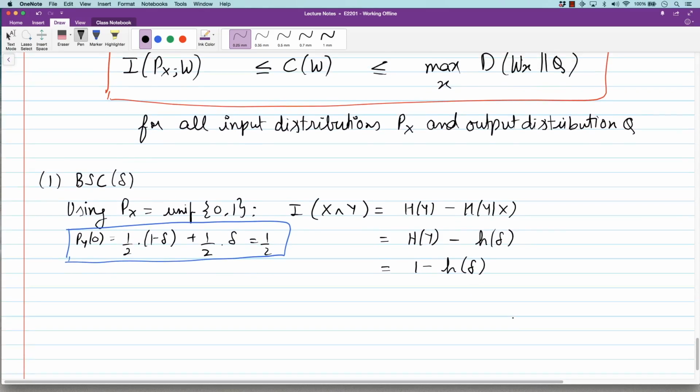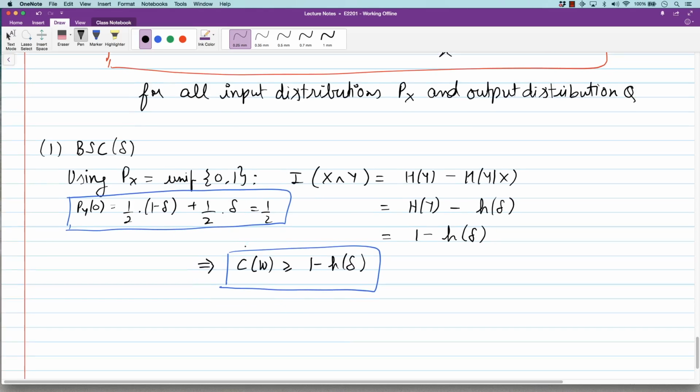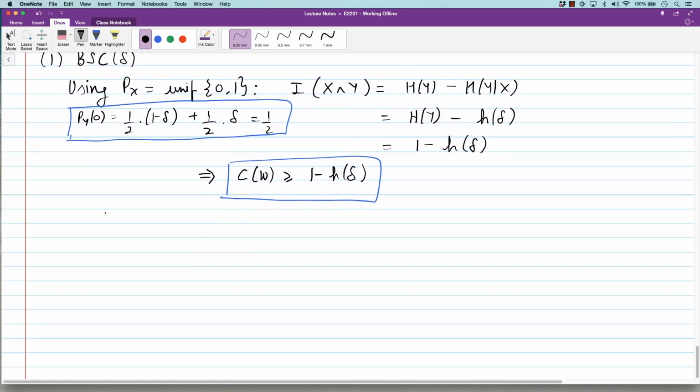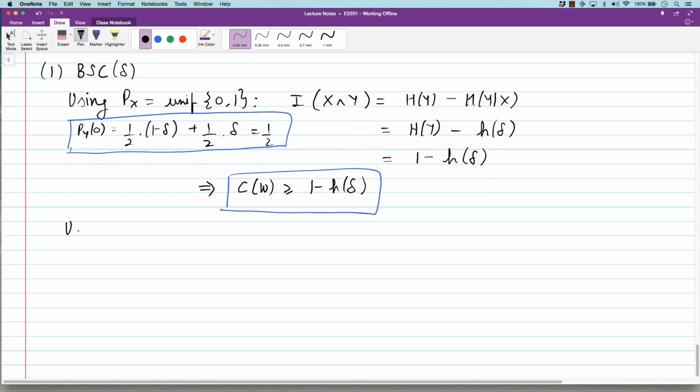Okay, so if you look at this duality bound, this implies C(W) must exceed 1 minus h(delta). So we got one bound. For the other side, we now have to tell you an output distribution.